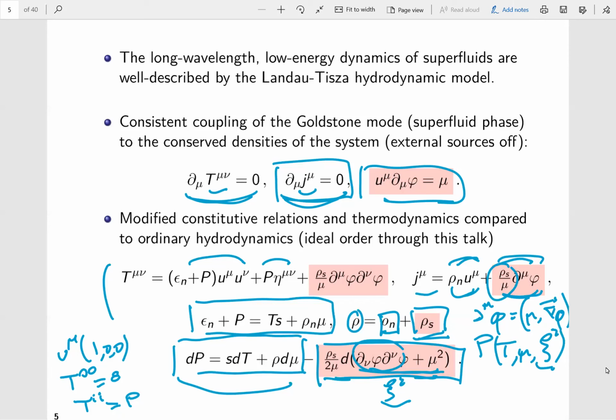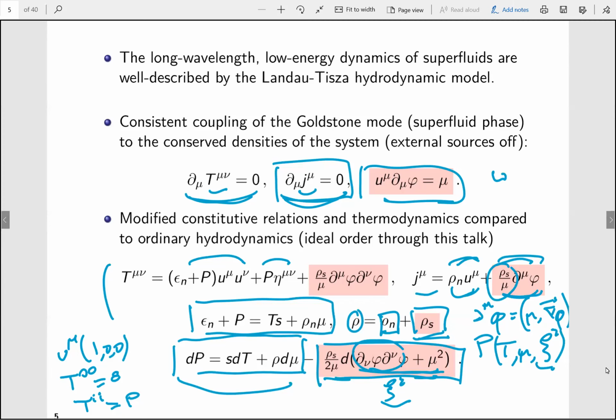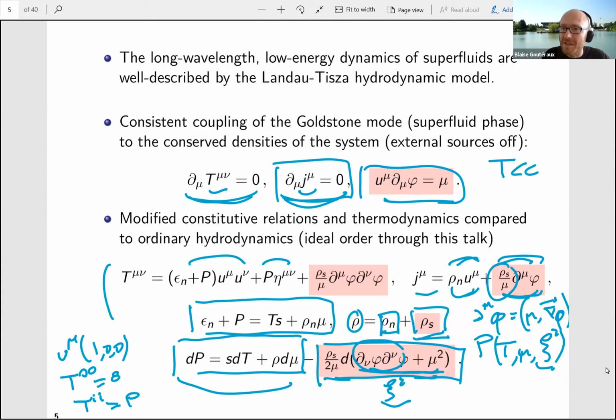Is that right? That's right. So 1 over temperature is the temperature length scale. I'm getting ahead of myself a little bit. I want to consider a regime where the temperature is much less than the chemical potential, but then I want omega and k, so the frequency and the wave vector, to be much smaller than T.